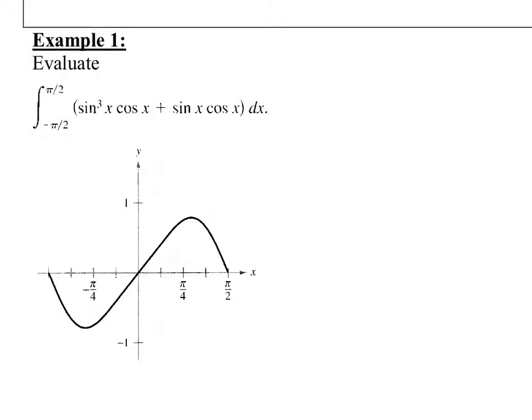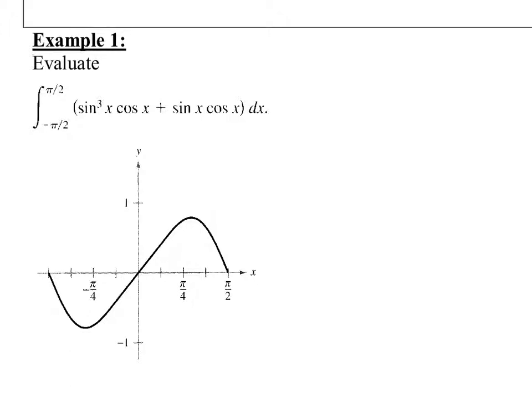Now, looking at this here, what do you recognize? Odd. It looks odd, okay? So you simply do from, it's going to be 0 because it's going to cancel. Should we test? No. I mean, you don't have to, but let's double check.